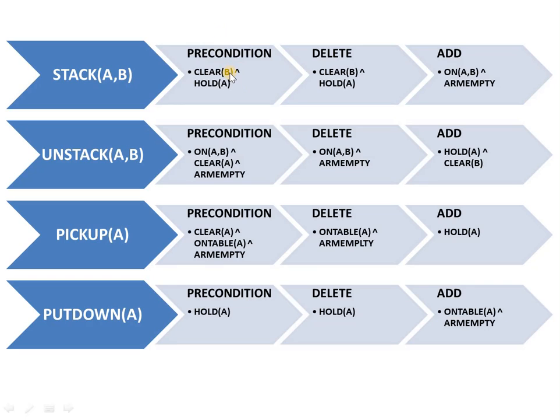Precondition is a list which has the statements or the states that are to be achieved before the execution of this action. I'll tell again. Precondition is the data structure which is holding the states that are to be attained for performing this action.